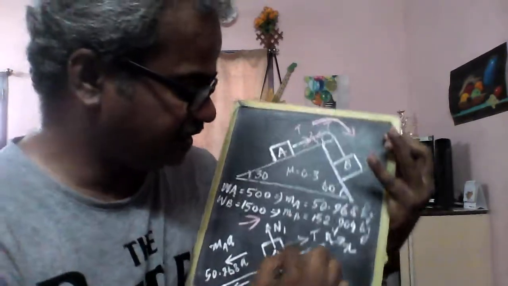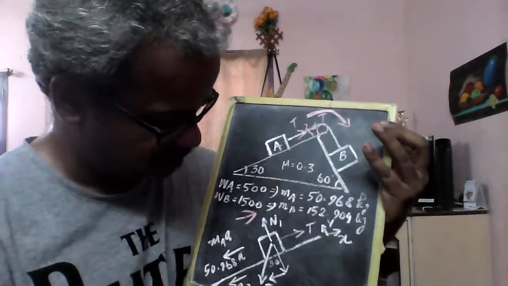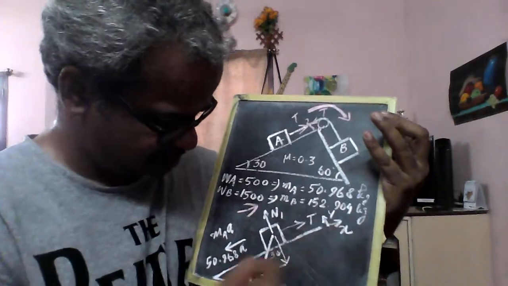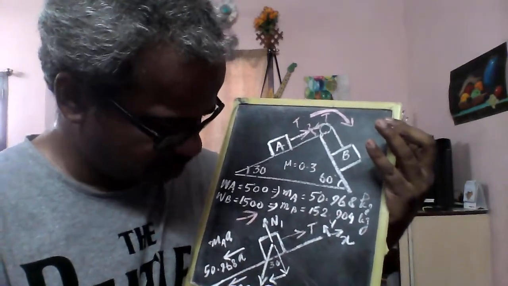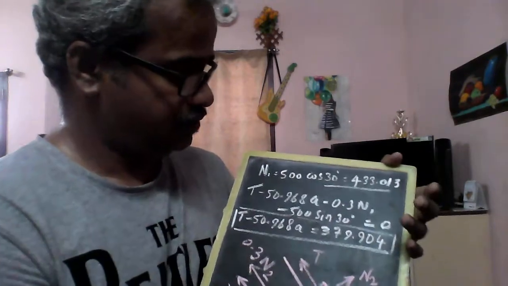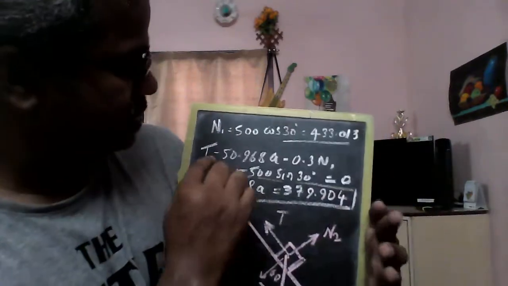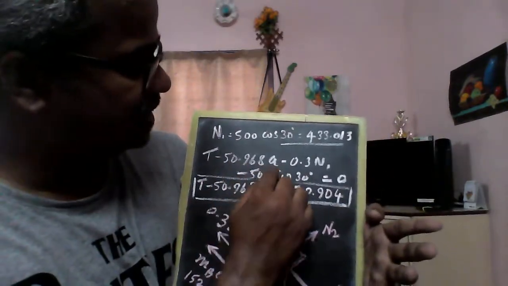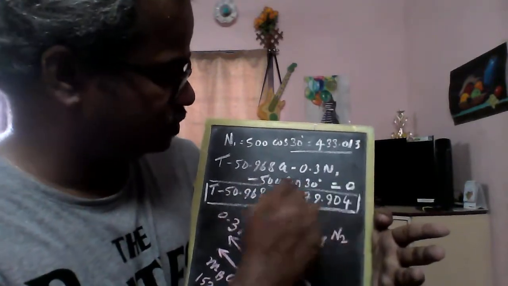Then, along the slope: T minus 50.968 A minus 0.3 N1 minus 500 sin 30 is equal to 0.